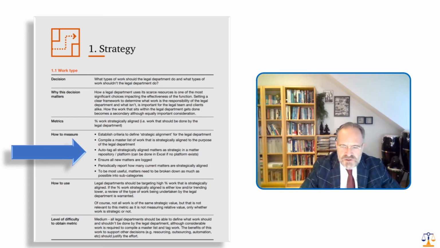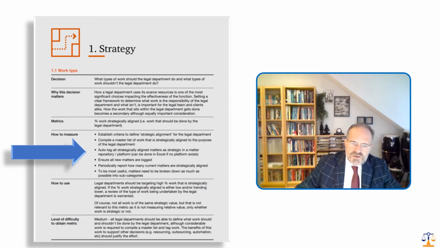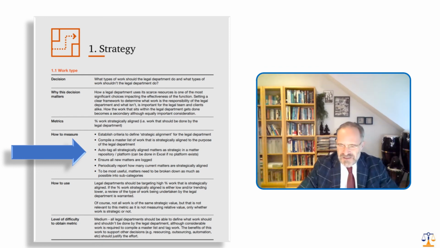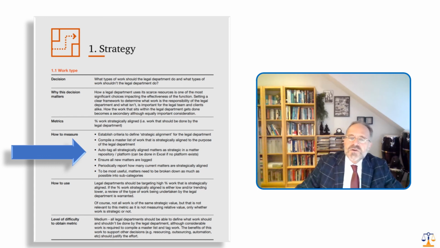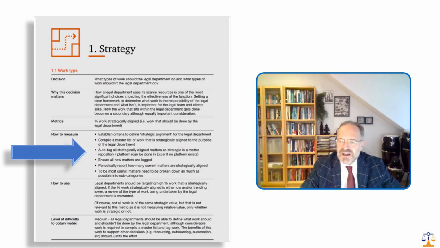One of the elements discussed in the report is strategy, and the whole report is based on the idea that if you measure, you can improve, you can steer. So the metrics which the report proposes at the level of strategy is calculate the percent of the work of the legal department which is strategically aligned.